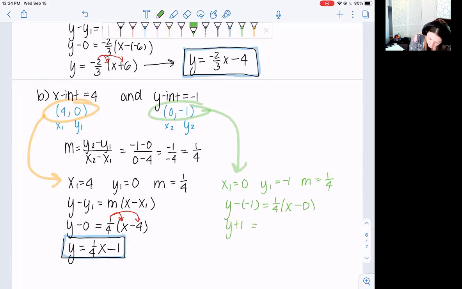So y plus 1 equals 1/4 x, minus 1 on both sides. Y equals 1/4 x minus 1. So it's the same either way, just different ways of getting there.